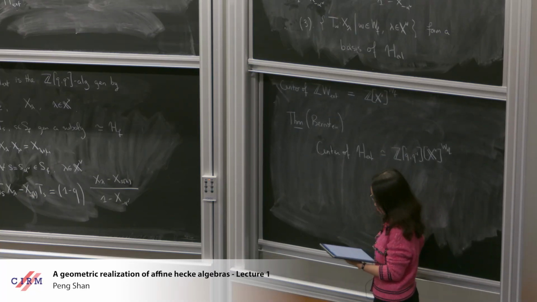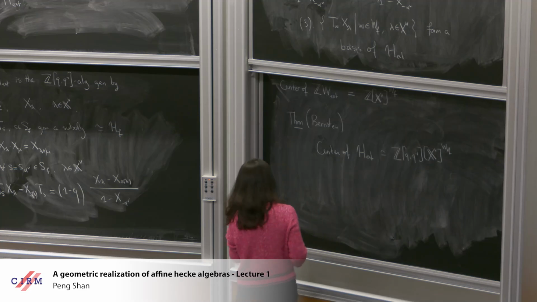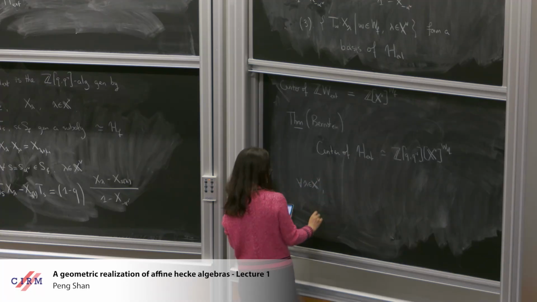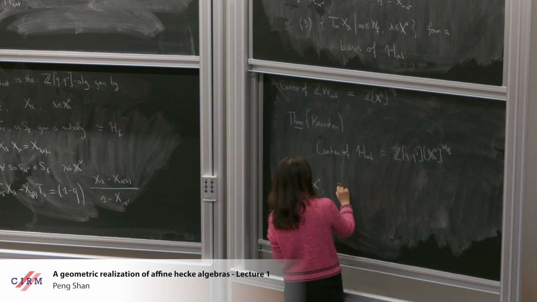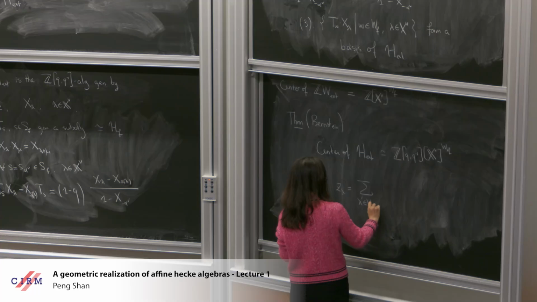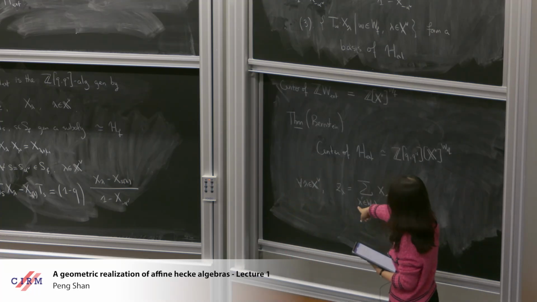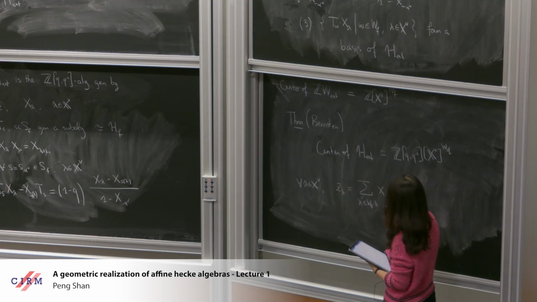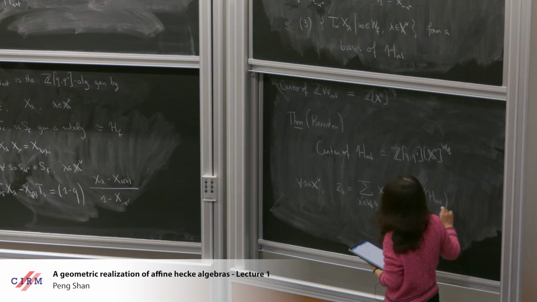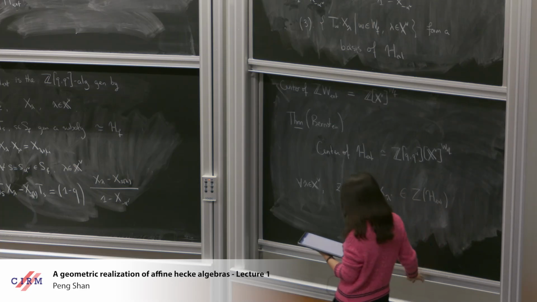I think I will skip the proof. Well, maybe just one key point of the proof is that for any lambda, you define an element z lambda, which is the sum of all the elements lambda prime in its finite Weyl group orbit, times x lambda prime. You first prove, just using relations, that this belongs to the center of the extended affine Hecke algebra.